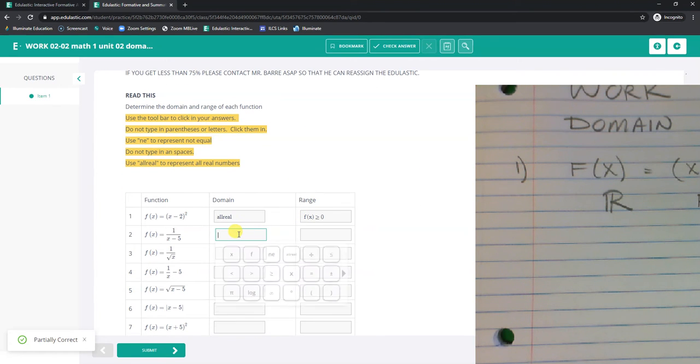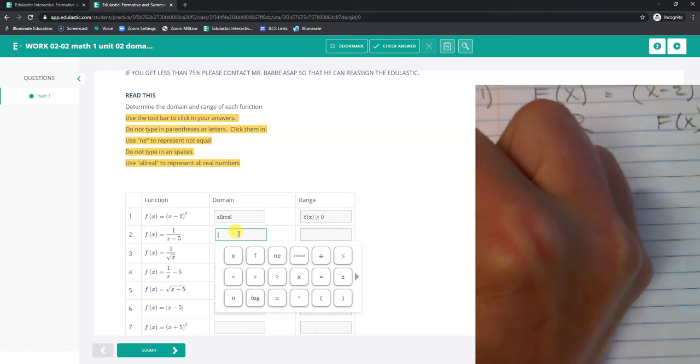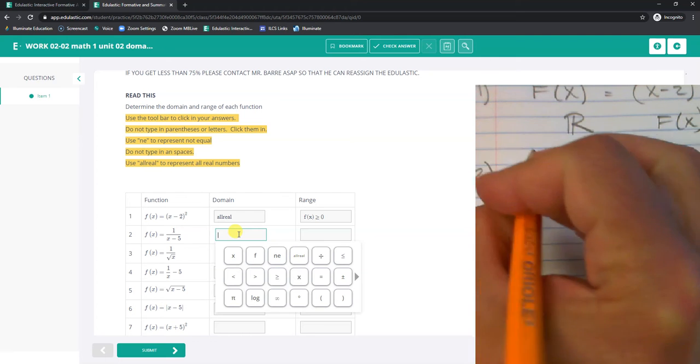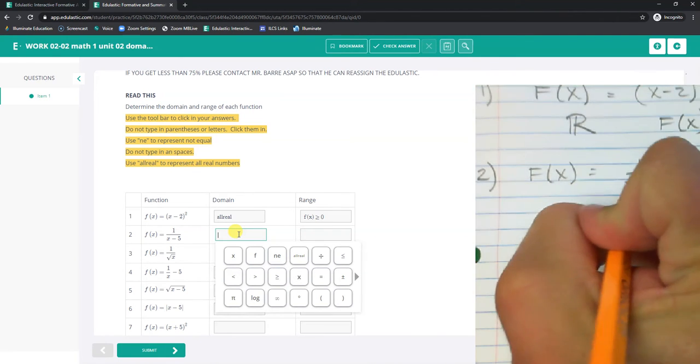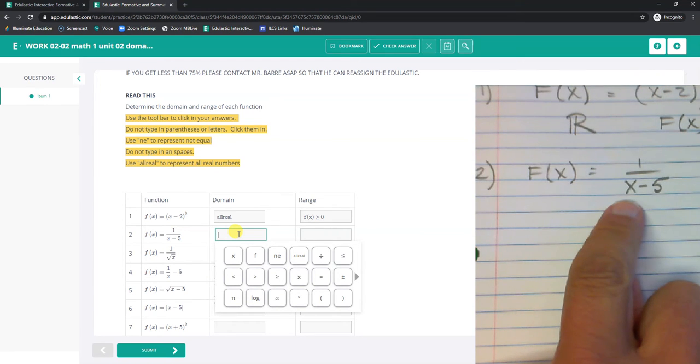This next one, number 2, f of x equals 1 over x minus 5. Okay, what can I plug into it? Well, I can plug in everything except for 5.